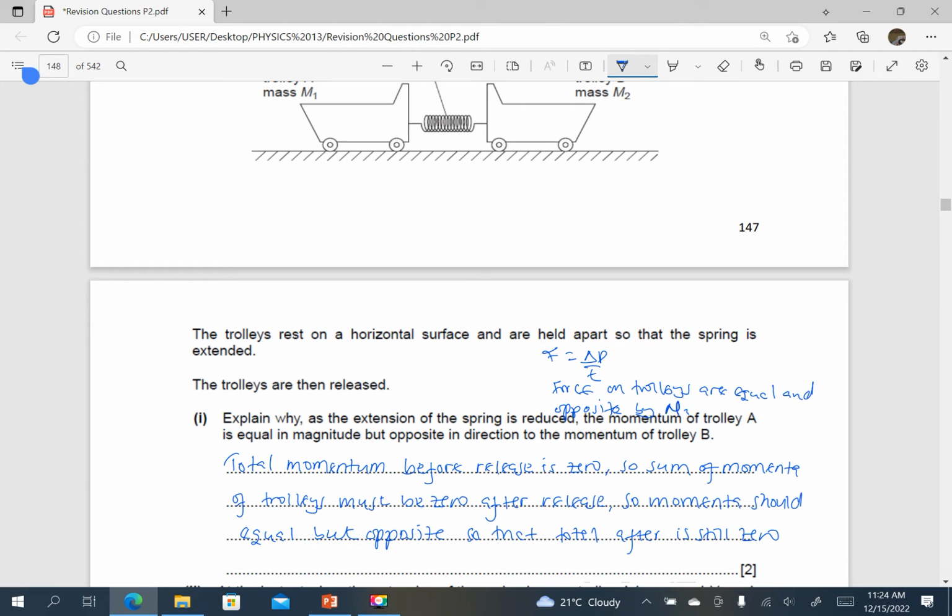This is another way of thinking about this. And if the forces are equal but opposite, but force is the rate of change of momentum, as long as the time is the same, then the change in momenta are going to be equal but opposite.